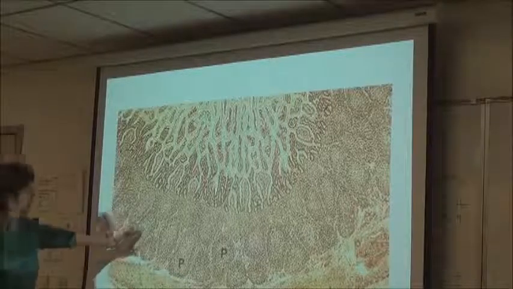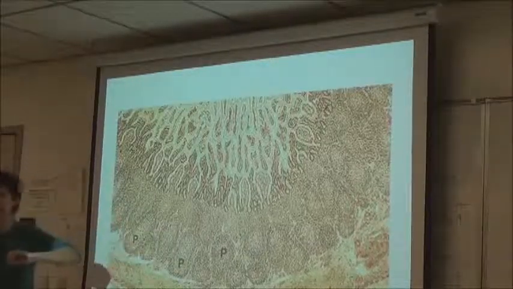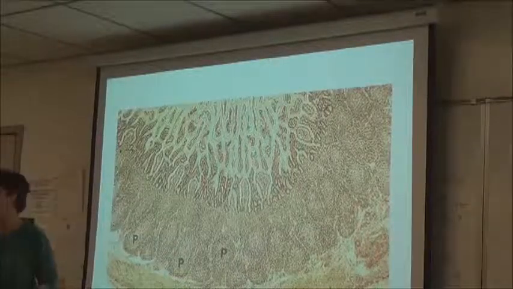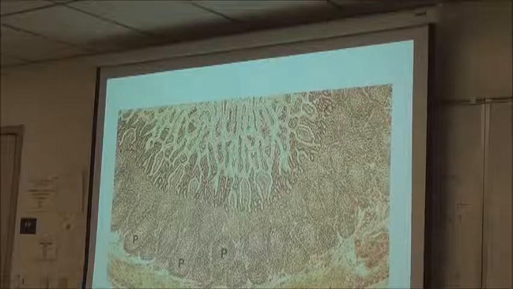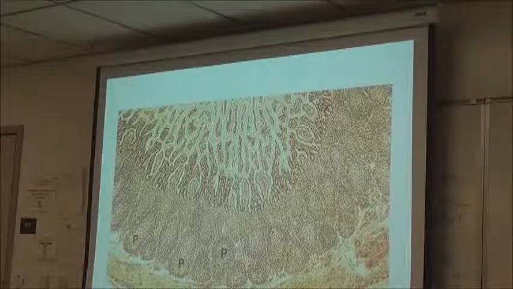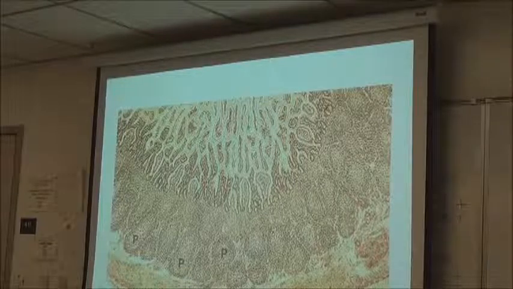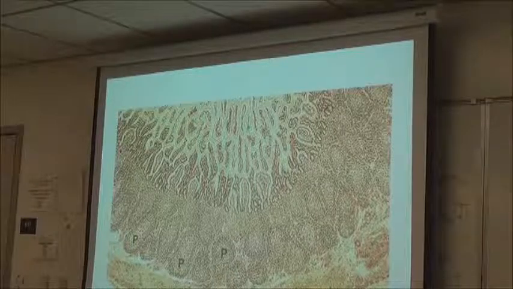So again, the center of a follicle contains more B lymphocytes than T, and the T lymphocytes tend to be on the outside. This particular area of high lymphatic follicles is found in the distal ileum. That's the last part of the small intestine before food moves into the large intestine.